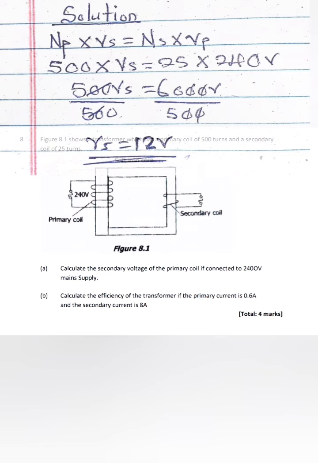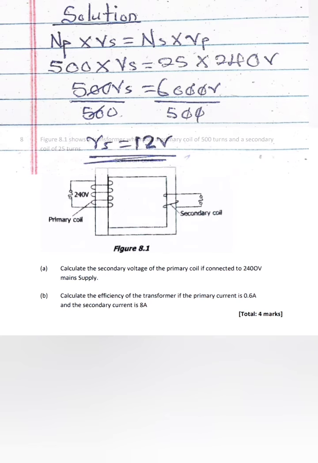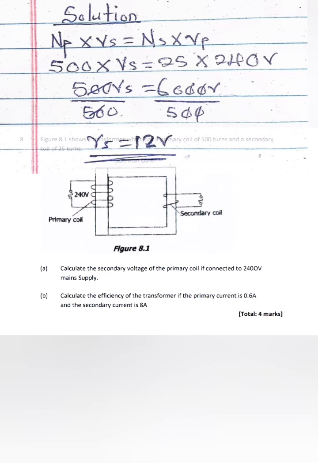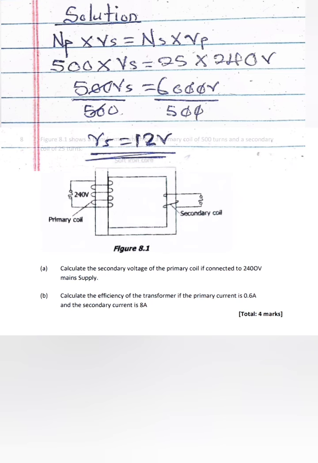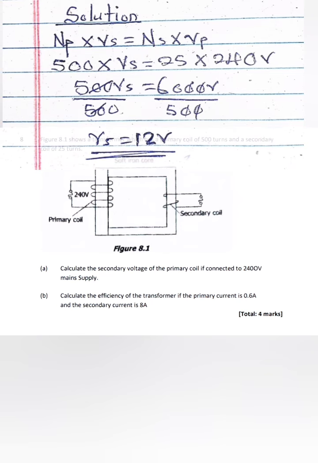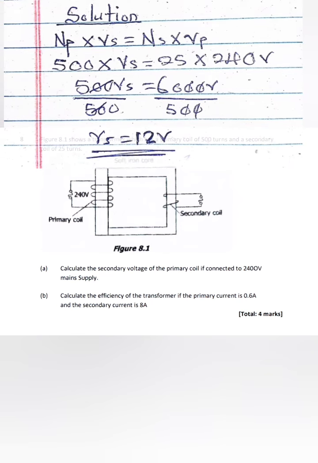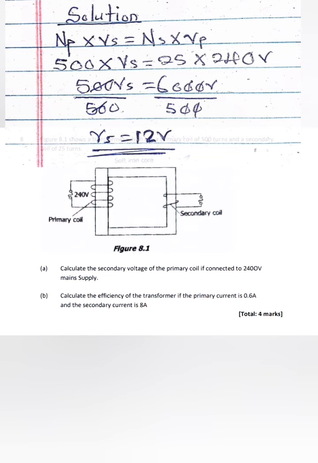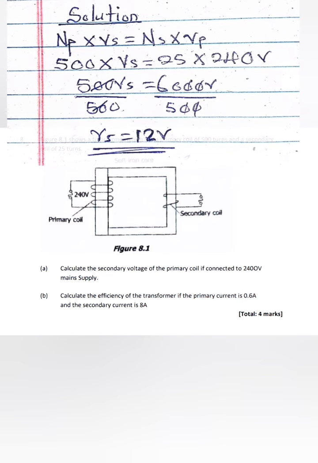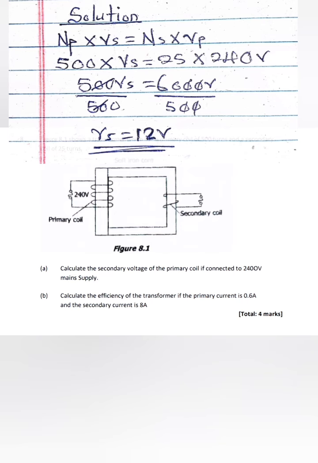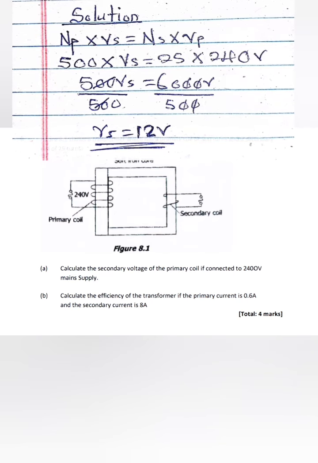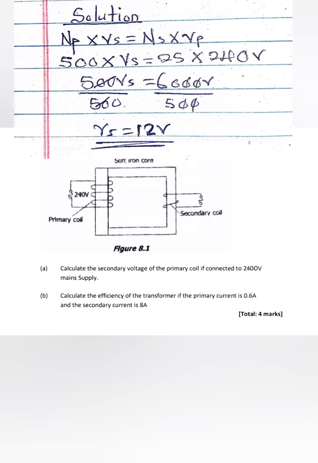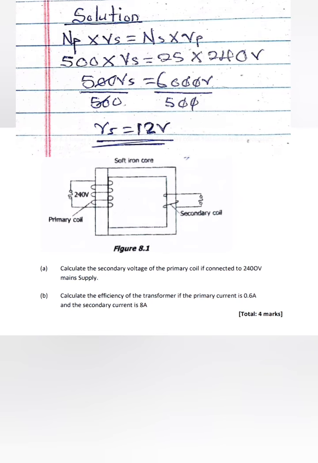The voltage on the secondary coil we don't have. So Vs is equal to the number of turns on the secondary coil, which is 25, multiplied by the voltage on the primary coil, which is 240 volts.